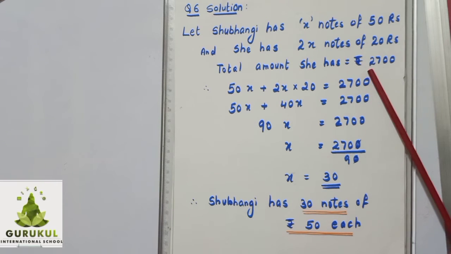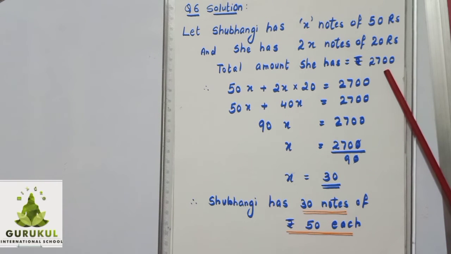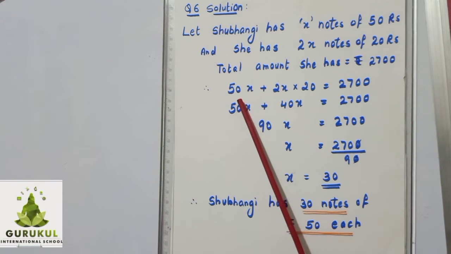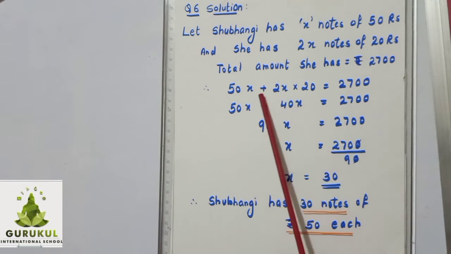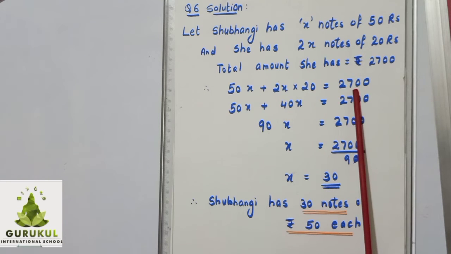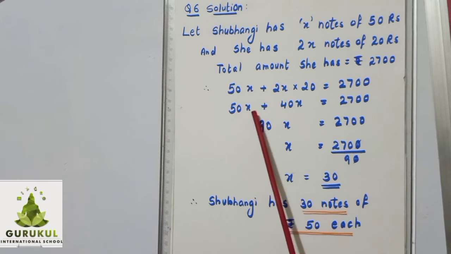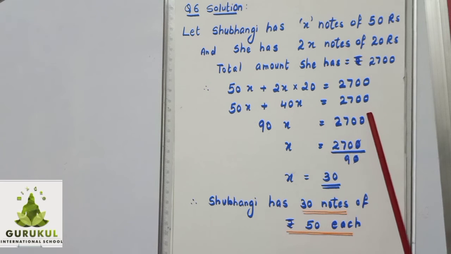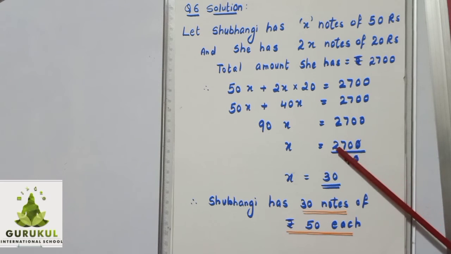So total amount she is having is 2,700. This is given. Frame the equation. So 50 into X plus 2X into 20 is 2,700. So add it up. 50X plus 40X is equals to 2,700. Do the calculation. Get the answer. X equals to 30. So Shubhangi has 30 notes of rupees 50 each.